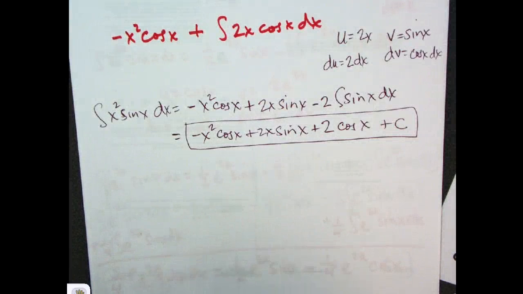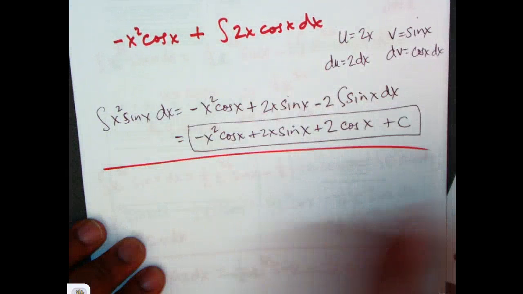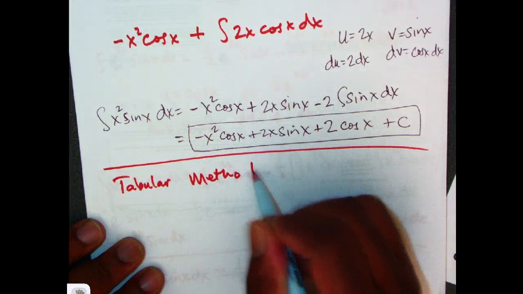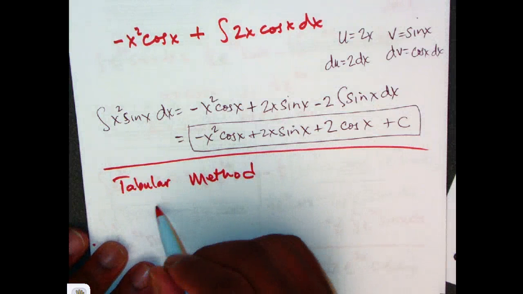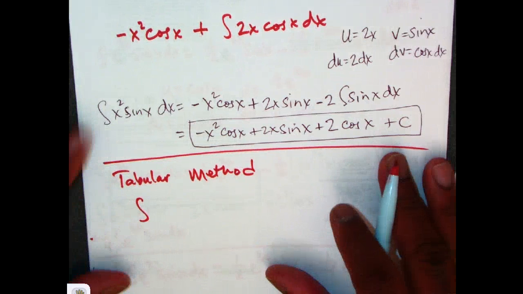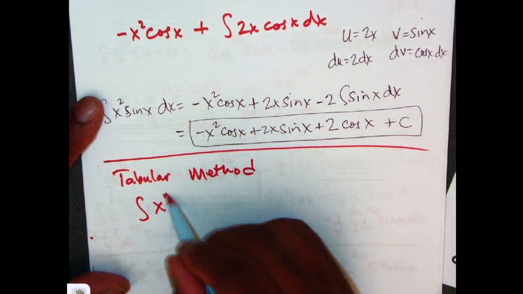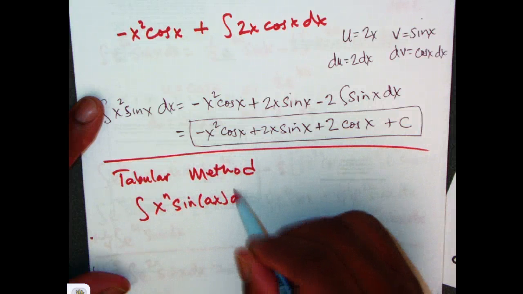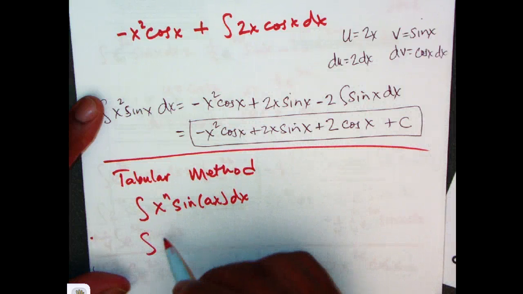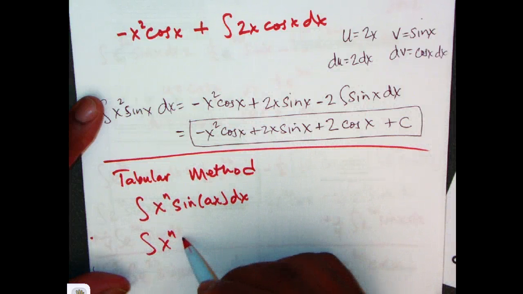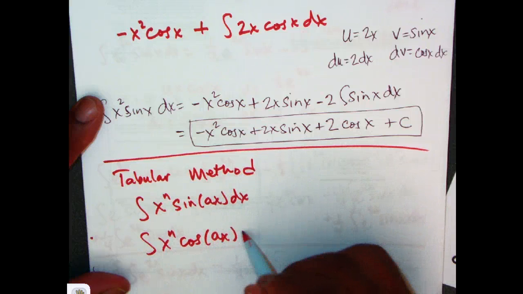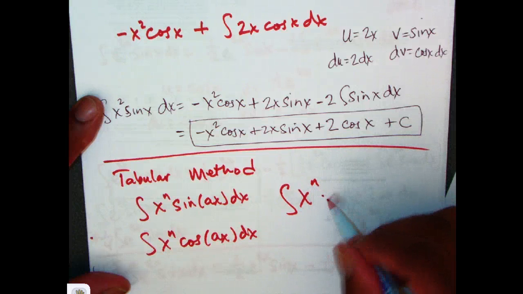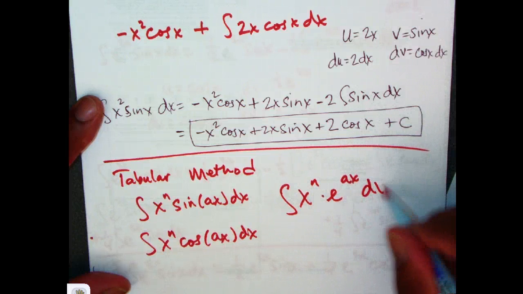And the tabular method works best on integrals of the form x to the n sine of ax dx, or x to the n cosine of ax dx, or x to the n times e to the ax dx.